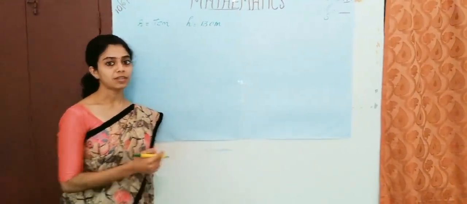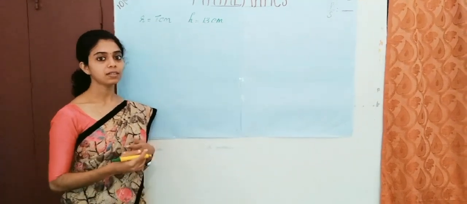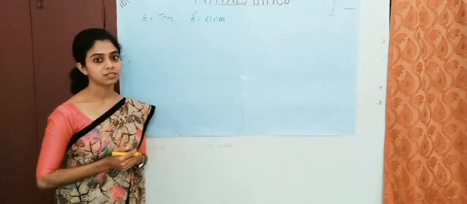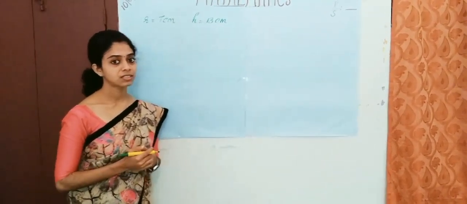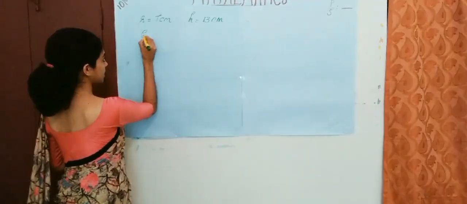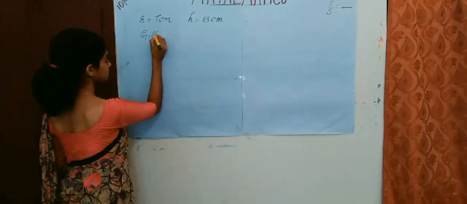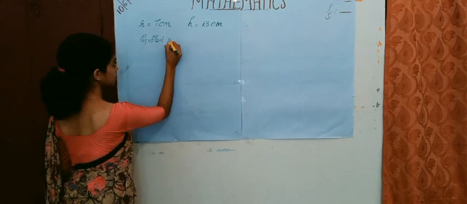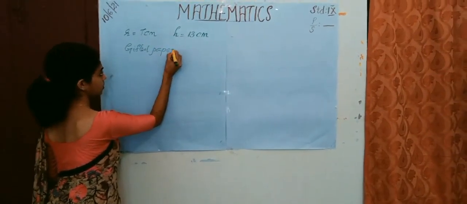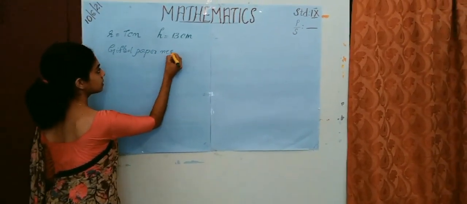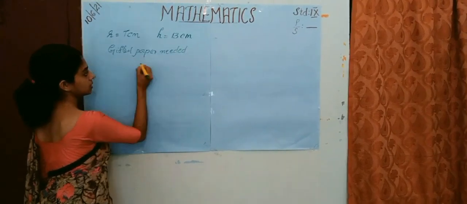Now can you find out the amount of gift paper which is needed to wrap that gift? How will you find it? Gift paper needed is equal to the total surface area of the cylinder.